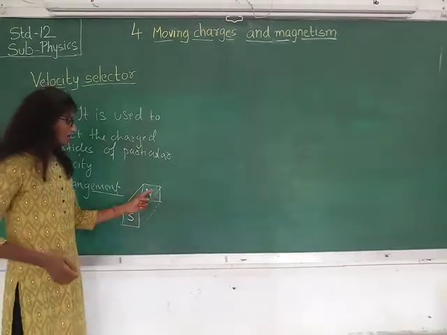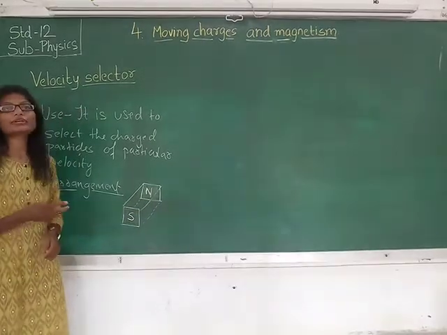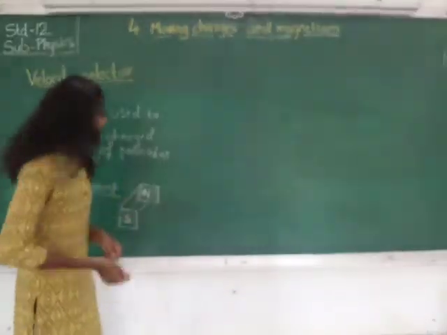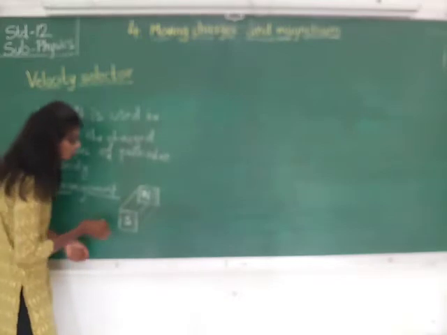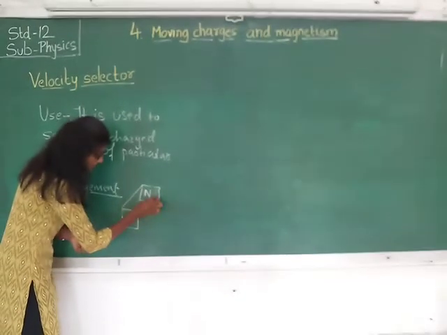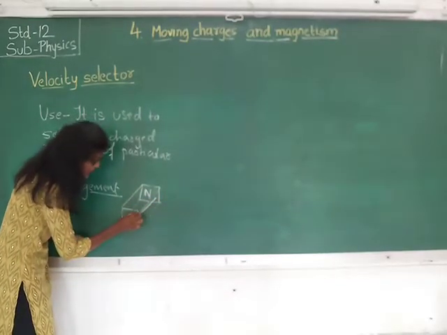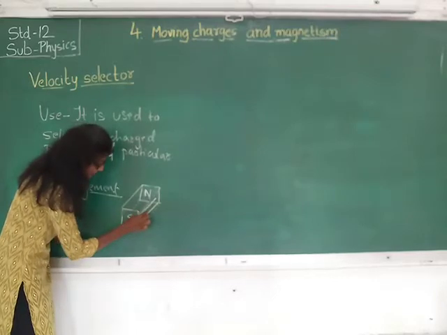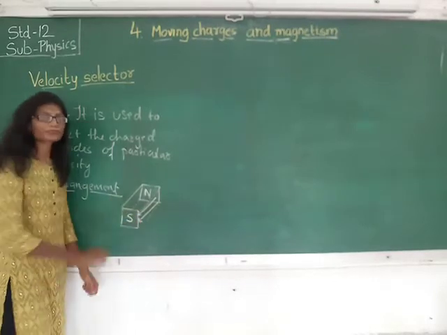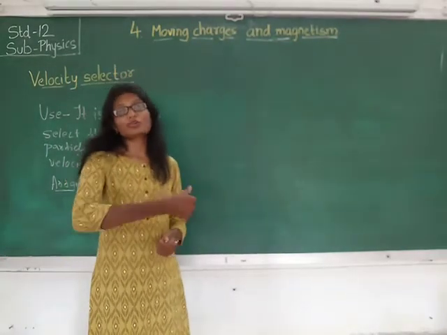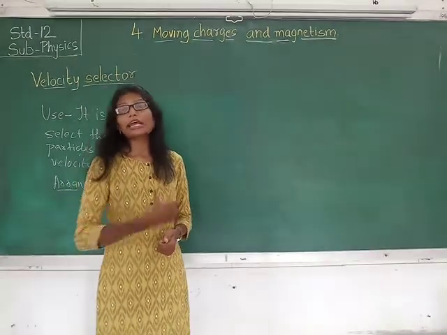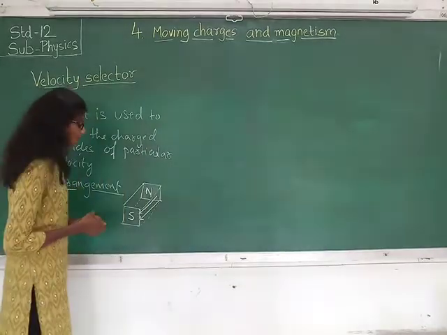As you can see over here, we have taken two magnets, and the north pole and the south pole are facing each other, right? So the magnetic field lines over here will be from the north pole to the south pole, because we already know the magnetic field line always comes from the north pole and terminates at the south pole.